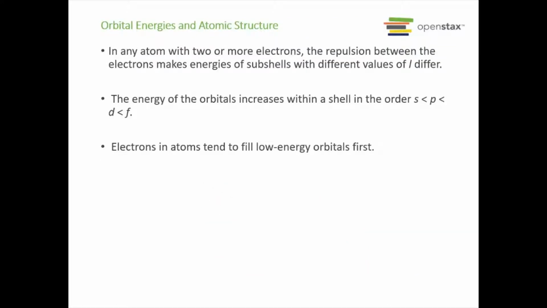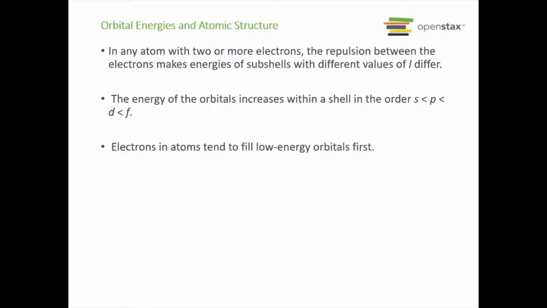Once we start getting atoms with 2 or more electrons, so not hydrogen and not ions with only 1 electron, we start getting repulsion between electrons. So that is going to give us these different values of l. And as we add more l values, the energy also increases within a shell.